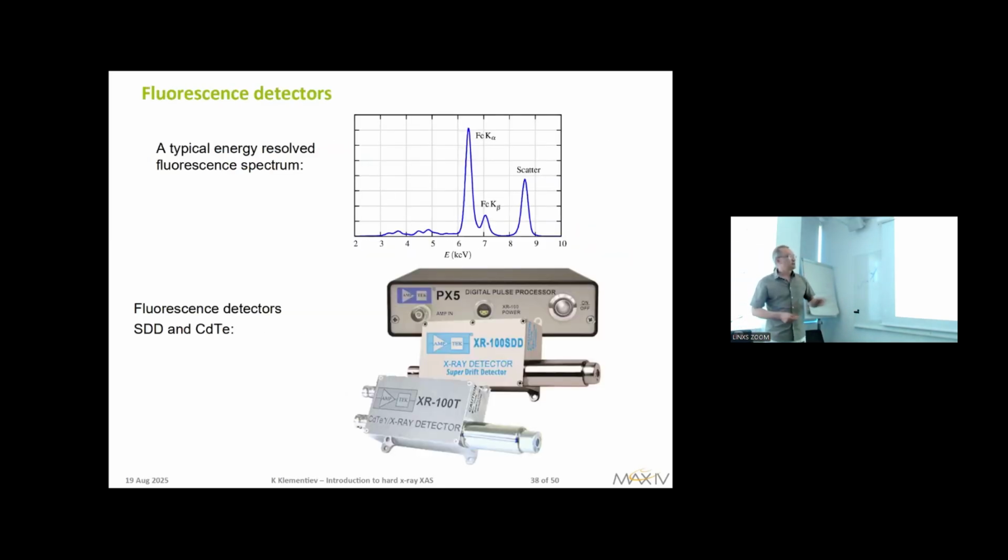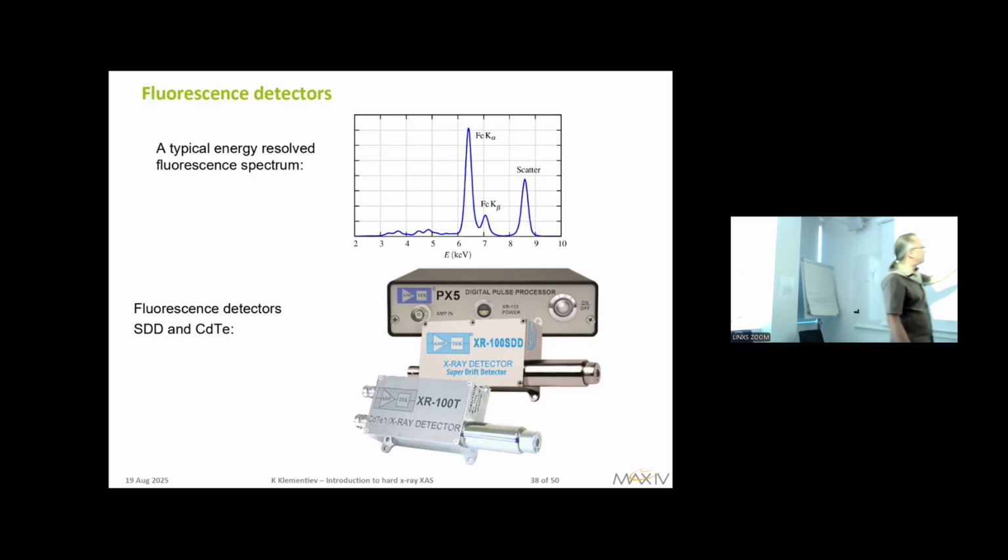Fluorescence detectors, well, these are just examples. We use more complex devices. This is a single pixel and quite small pixel device, but it's very cheap. What it produces is a spectrum like this. Here, scatter means elastically scattered light. In this case, you see the excitation was around 8.6 keV.